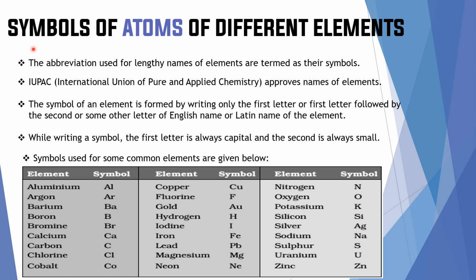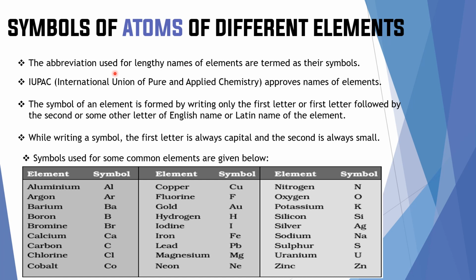Another scientist, Berzelius, suggested that the symbols of elements be made from 1 or 2 letters of the name of the element. So nowadays, in modern days, we use letters as symbols.